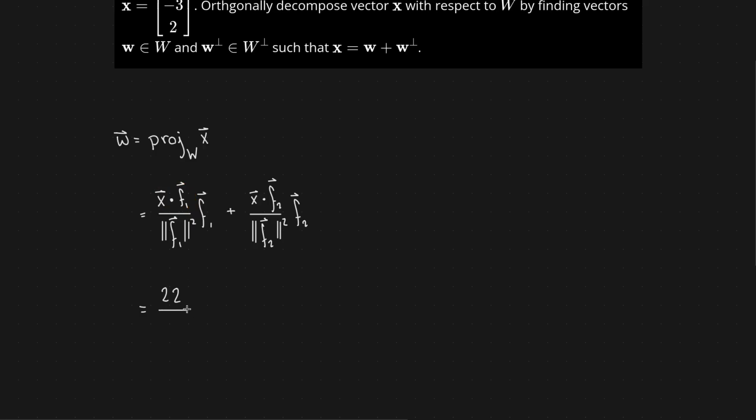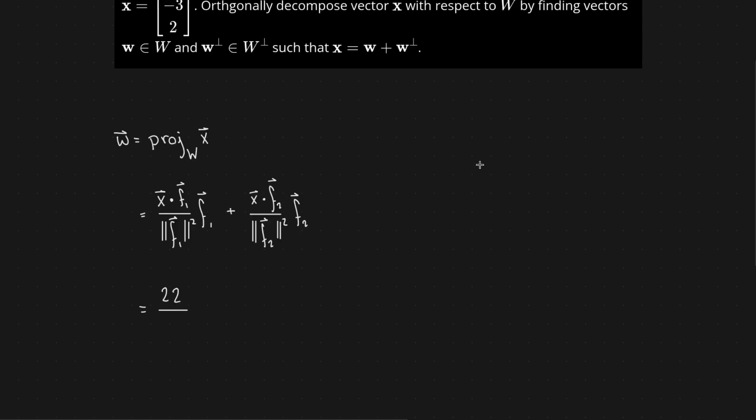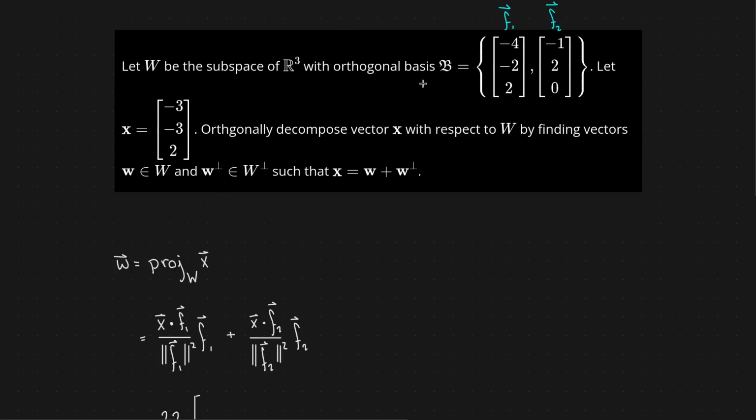I'm going to divide by the norm of f1 squared. So that's -4 squared is 16, plus -2 squared is 4, so 16 plus 4 is 20, plus 2 squared, that's another 4, that's 24. The norm means it's under a square root, but then I square it, so the square root goes away. So I get 22 over 24 times vector f1, and vector f1 was (-4, -2, 2).